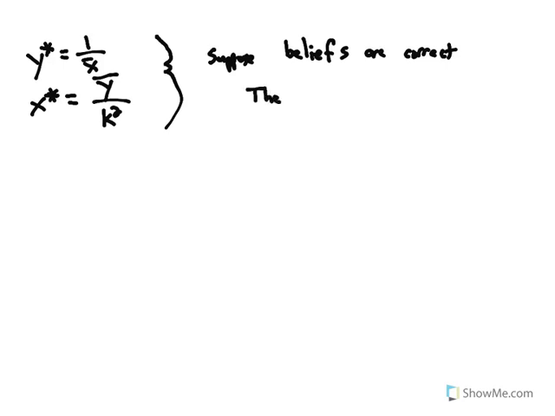Then X bar, player 2's belief about what player 1 does, is correct, which is equal to X star. Okay? So they're going to be correct. And we're also going to have that Y bar, the belief of player 1 about player 2, is also going to be correct. Okay? So they're both going to be correct in their beliefs.